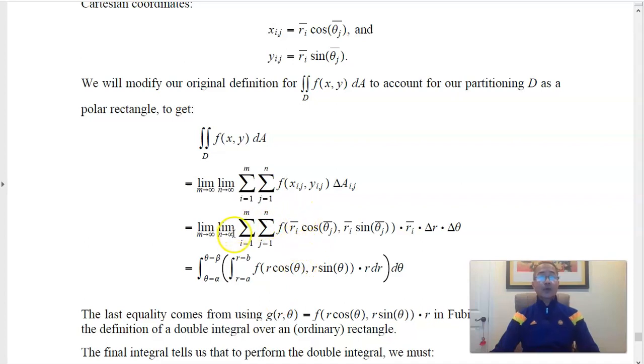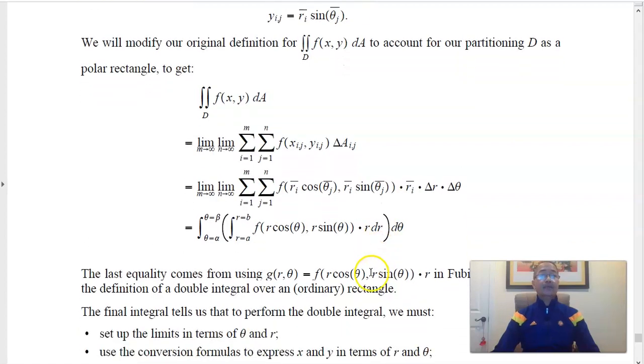So what we have here by Fubini's theorem is just an iterated integral, where theta is going from alpha to beta, r is going from a to b. We have our function where we substitute r cosine theta for x, r sine theta for y. We have an extra r in our integrand, and that comes, of course, from this Ri bar. So that is our inner integral, dr. Our outer integral is in d theta.